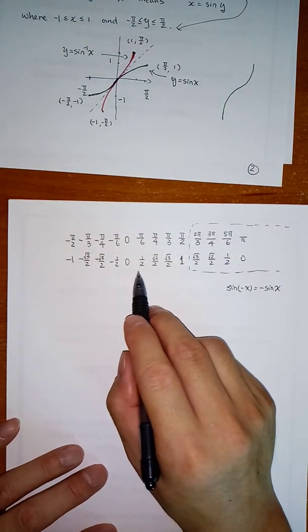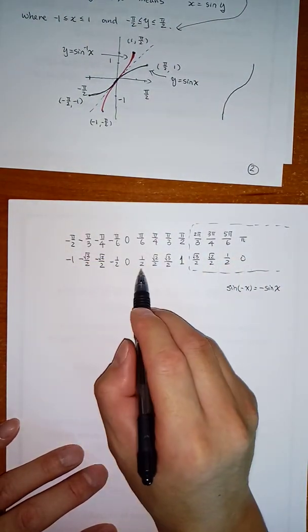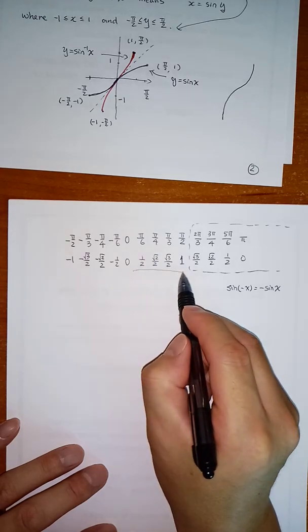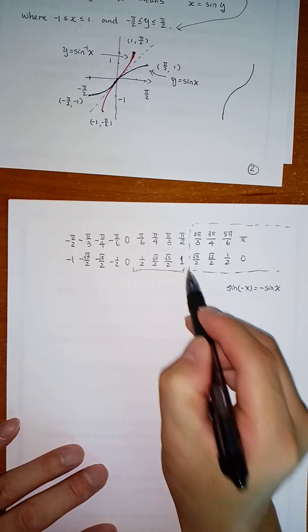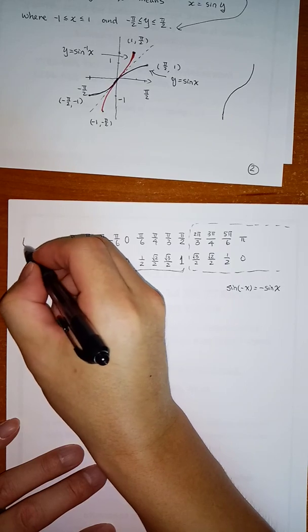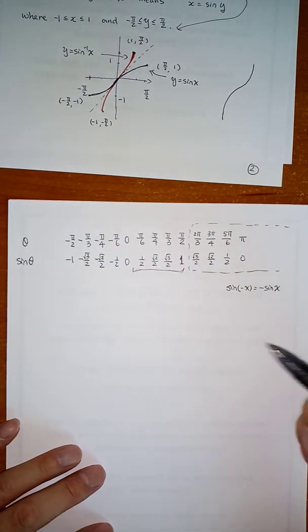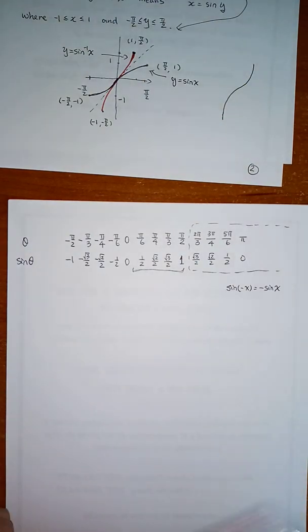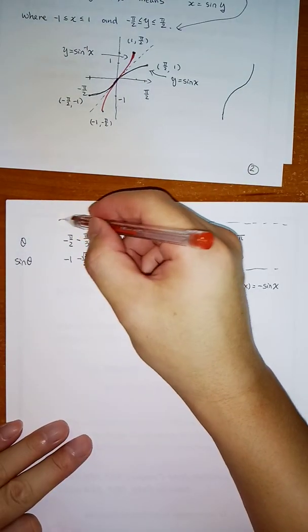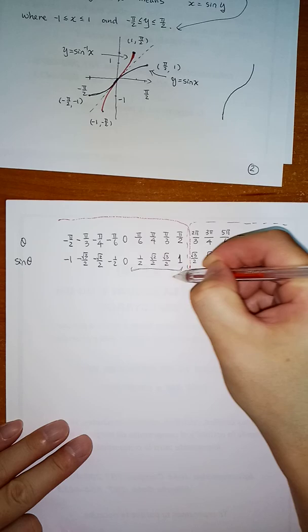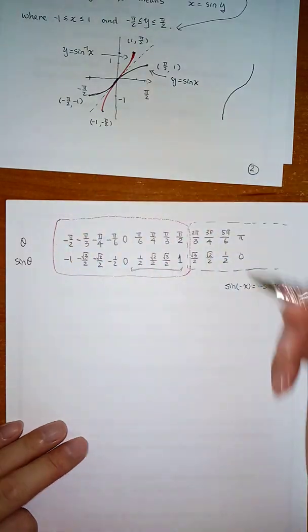Okay, so you see here how we get this part and this part based on the angles in the first quadrant. And let's put here the angle theta, and here sine theta. Okay, so for the sine inverse, or inverse sine, we need this table because they are in the domain.